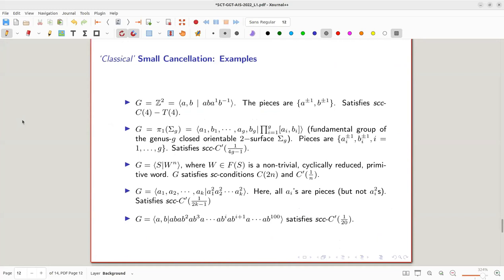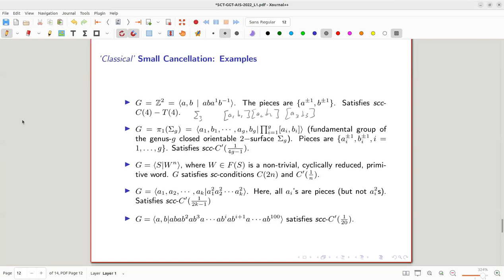If we have a genus 3 surface, what do we have? Say A1, B1, A2, B2, A3, B3. So A1, B1, A1 inverse, B1 inverse, A2, B2, A2 inverse, B2 inverse, A3, B3, A3 inverse, B3 inverse.